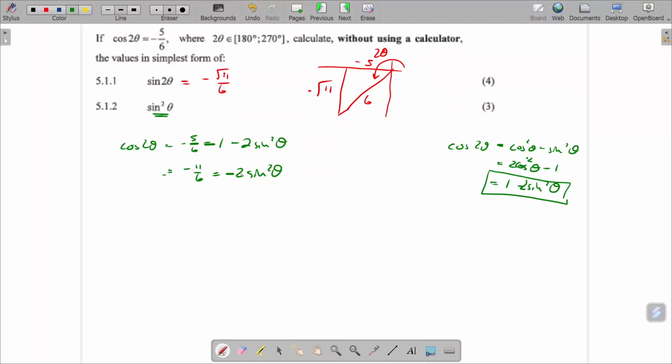Okay, and if we divide by the minus 2, we're going to get, therefore, 11 over 3 equals sine squared theta. Okay, they haven't asked us to find sine theta, they haven't asked us to find theta, they specifically asked us to find sine squared of theta. And so if we are careful by reading the question, we know that this actually is the required answer.